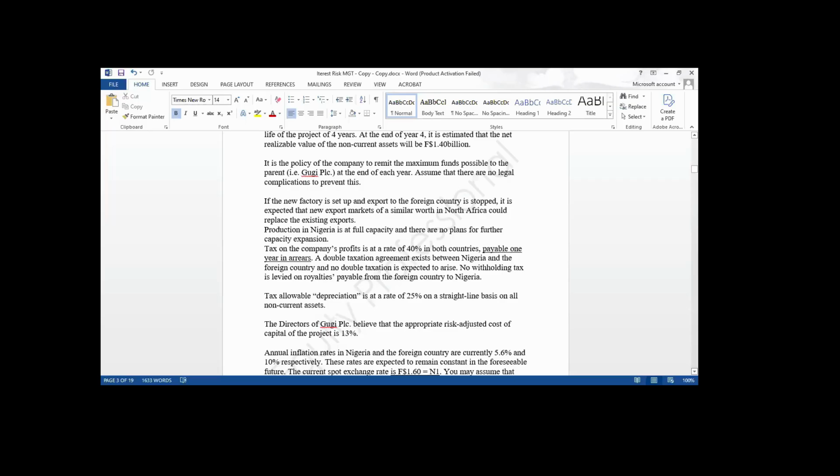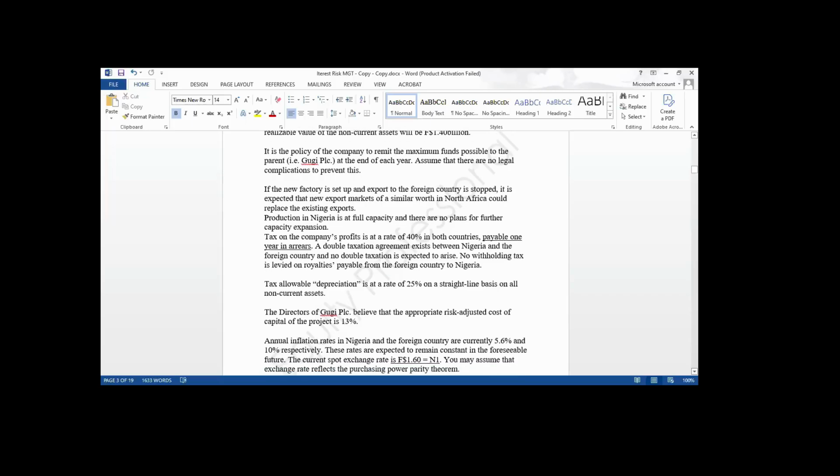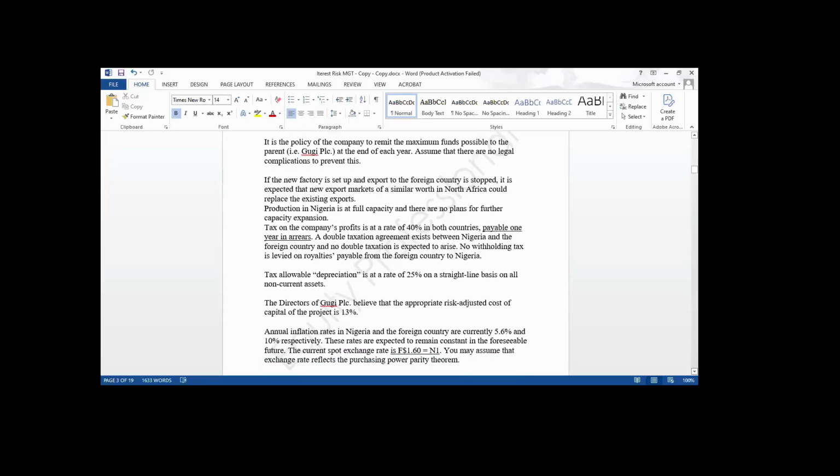A double taxation agreement exists between Nigeria and the foreign country, and no double taxation is expected to arise. No withholding tax is levied on royalty payable from the foreign country to Nigeria. Please note that word.